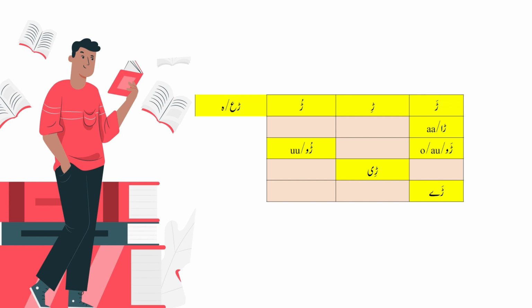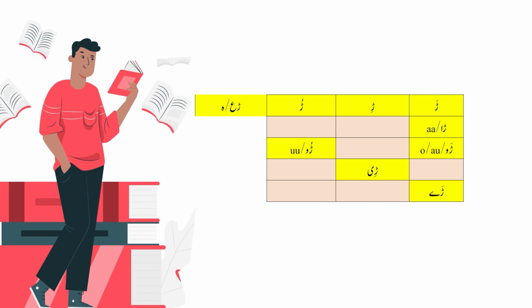Insert zabar, it will become Da. With zer, it will become Di. With pesh, it will become Du. With jazm, it will become Da. With alif, it will become Daa. With zabar followed by waw, it will become Daw. And with pesh followed by waw, Doo. With zer followed by ya, it will become Dee.